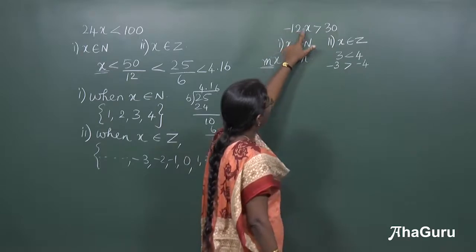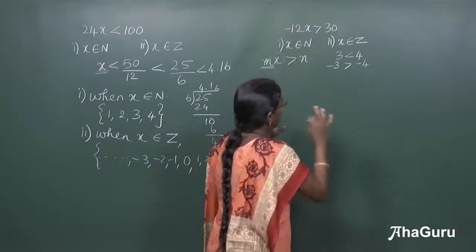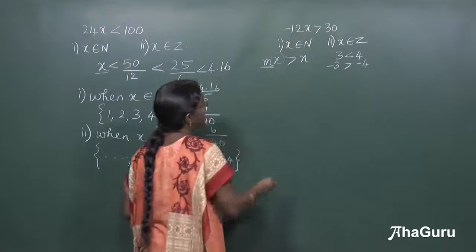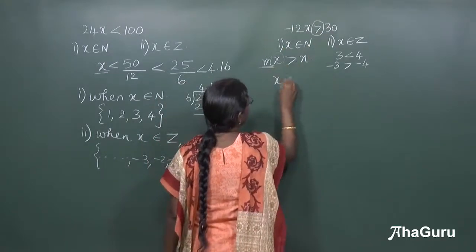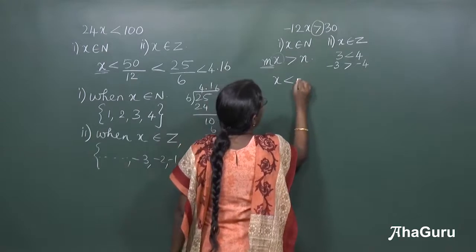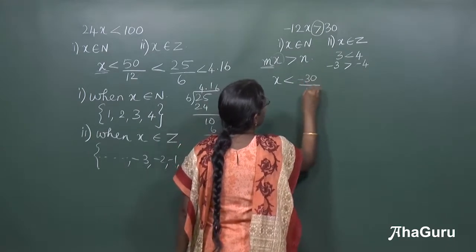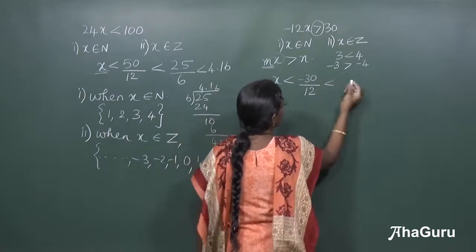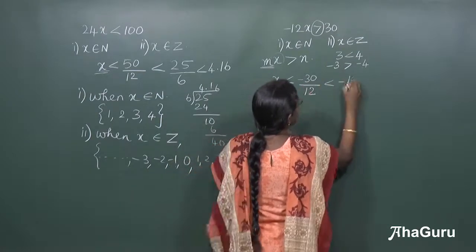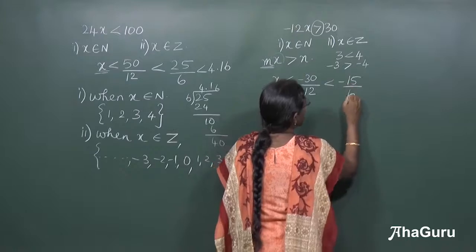So, minus 12x greater than 30, if I divide both sides by minus 12, the inequality sign is going to change, and you are going to get x is less than minus 30 by 12, which I can write as minus 15 by 6, am I right?